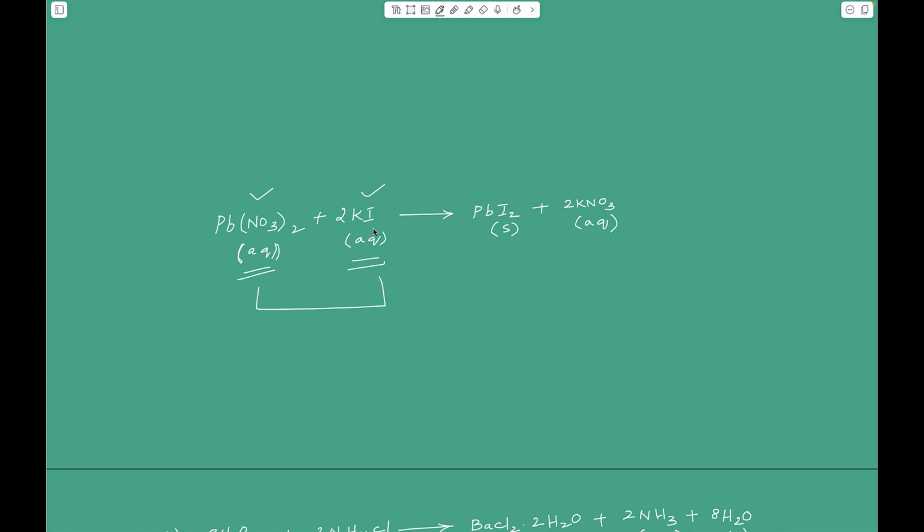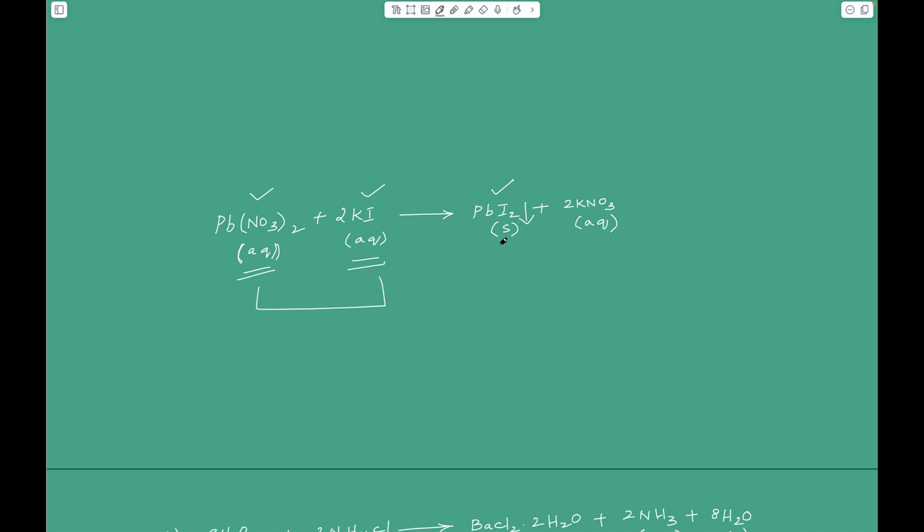Here, though water is available in the solution, it is not participating in the chemical reaction. So, we do not show water as a reactant because it is not participating in the reaction. Now, when these two react, one of the products you get is lead iodide, but lead iodide does not dissolve in water and it gets precipitated at the bottom of the container.